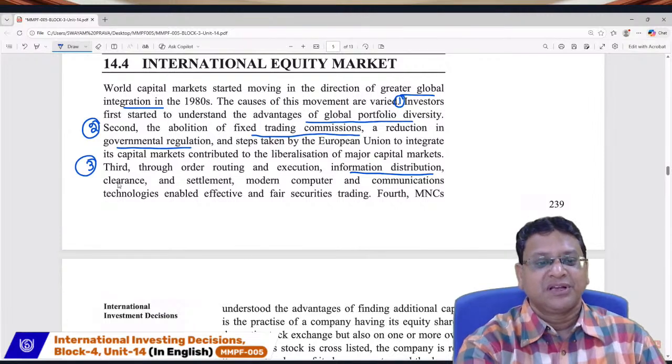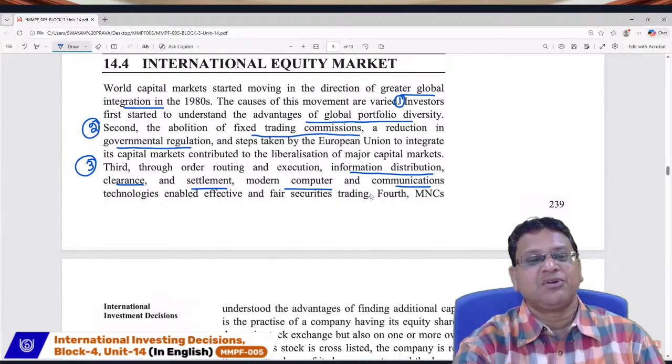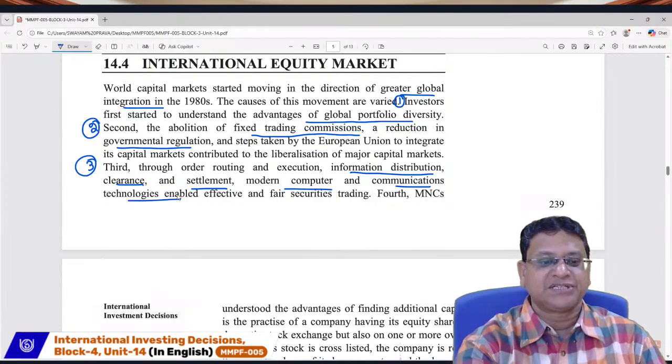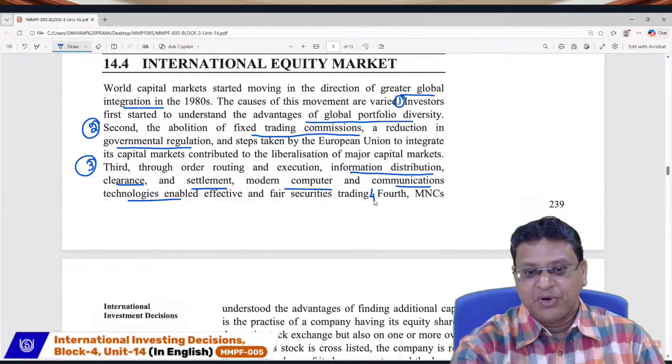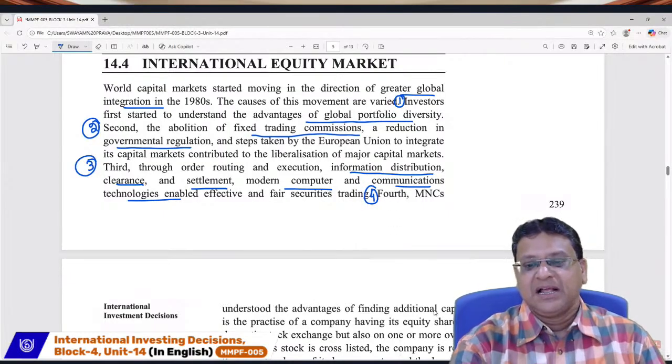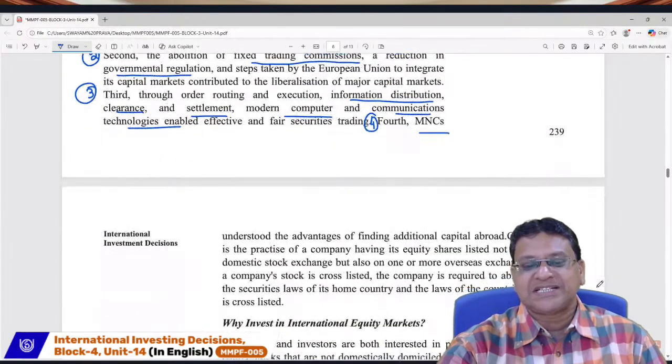The third major reason for international equity investment is information distribution, clearance, settlement, modern computers and communication technology developments. The fourth reason is that MNCs get the benefit of cross listing.